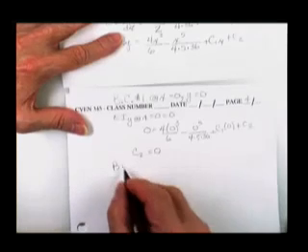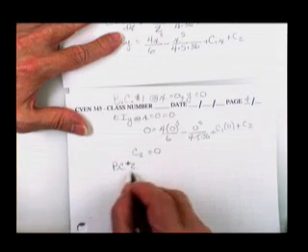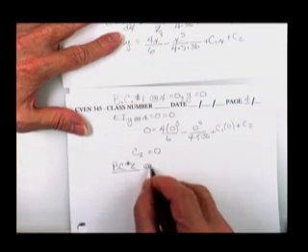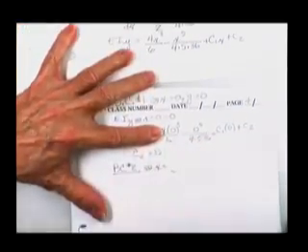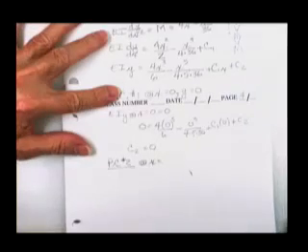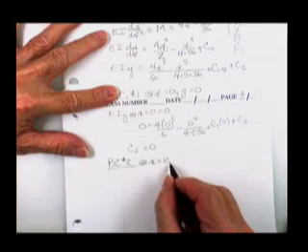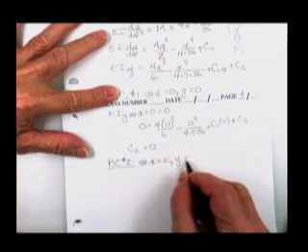Here's boundary condition number 2. At x equals 12, y is equal to 0.